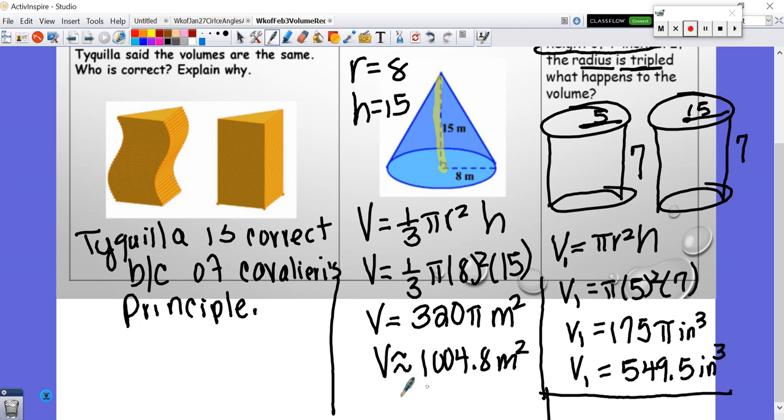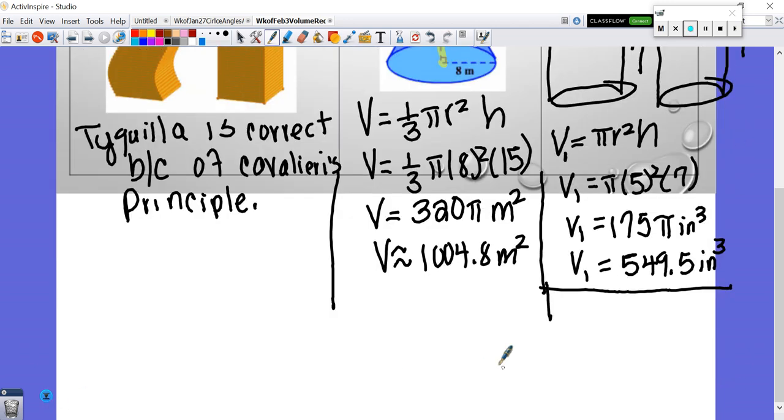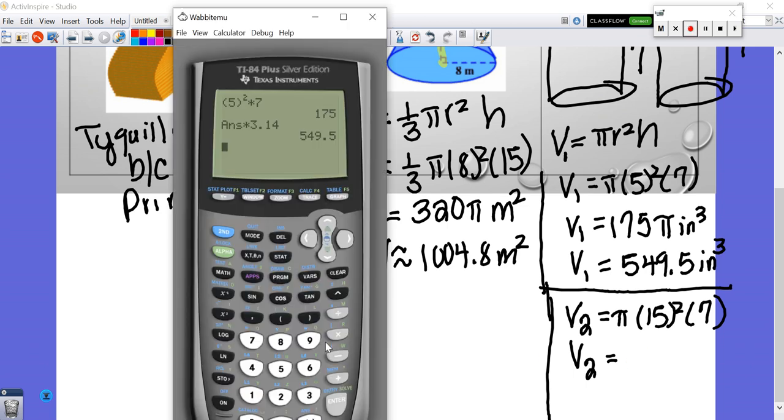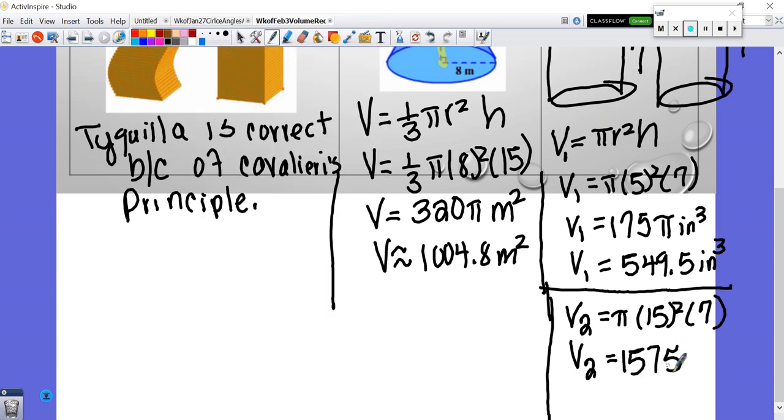Now we're going to get the second volume, and we're going to see what happens if I triple that radius. So volume 2 is going to be pi 15 squared times height. Let me grab the calculator. 15 squared times 7 equals 1575 pi, and that's inches cubed.